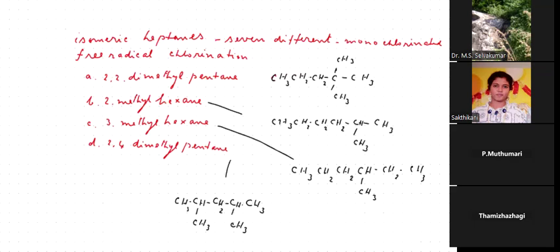So this can produce 1, 2, 3, 4 types of monochlorinated hydrocarbon.